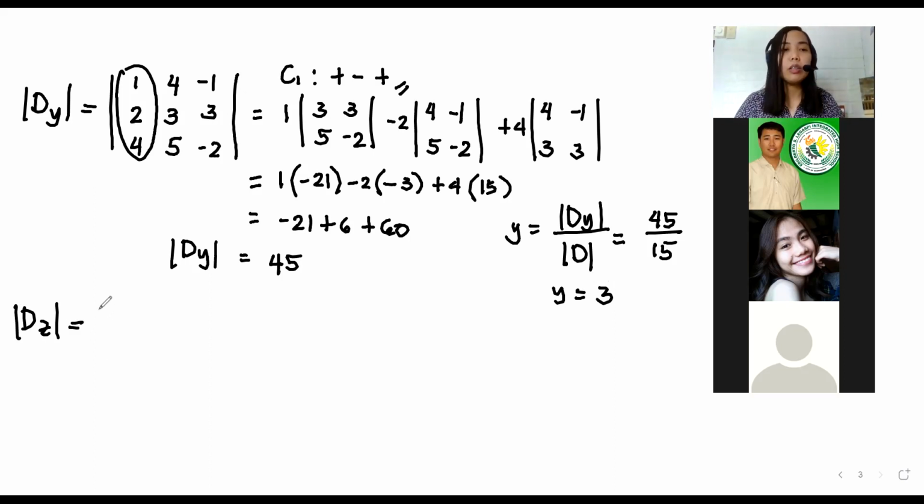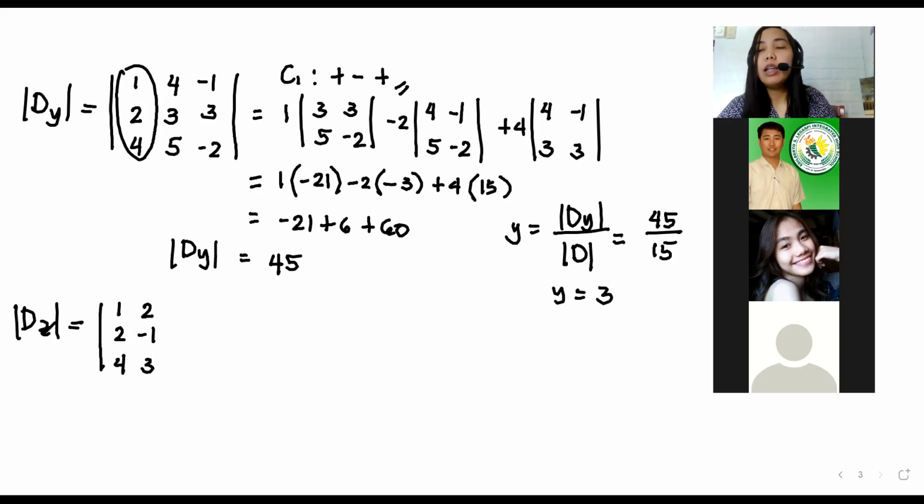So, for dz class, we're going to just copy x and y. 1, 2, 4, 2, negative 1, 3. And z, change it, copy your constants. 4, 3, 5. Again, double check. X and y retain.